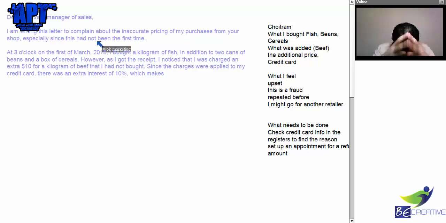So $11 maybe, which means that I was charged an additional $11. That's it.